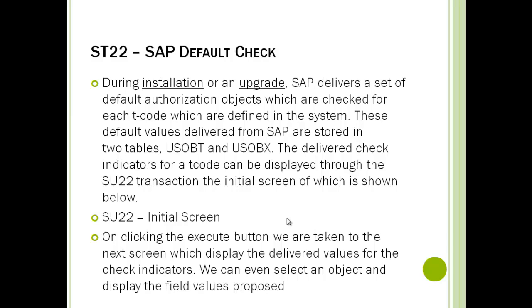However, during the upgrade phase, you will always like to know what the previous authorization objects used for this specific transaction code were. Then you can compare what additional authorization objects were added. Then you can come to a conclusion: okay, this is the additional authorization object, this is the transaction code, and this is how many roles I need to add. So if you want to do this kind of analysis, you may require SU22 to check what authorization objects were delivered initially.